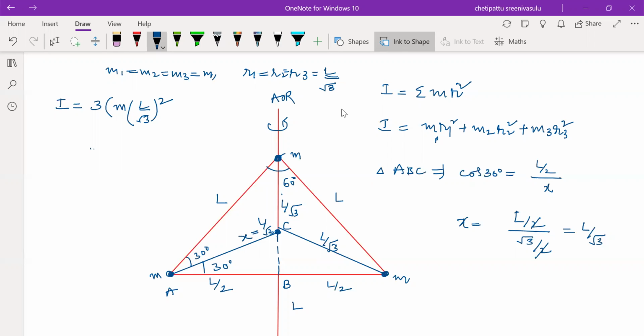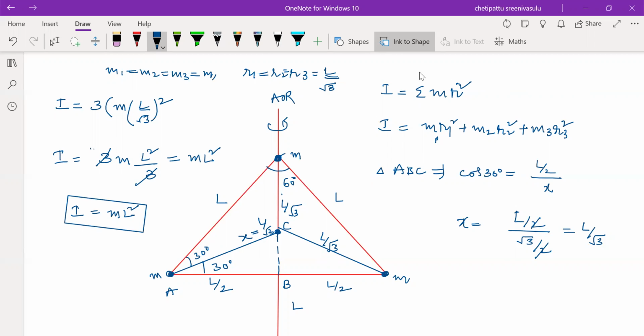Now I equals 3 into m into L square by 3. 3 gets cancelled. So I equals ml square. This is the moment of inertia.